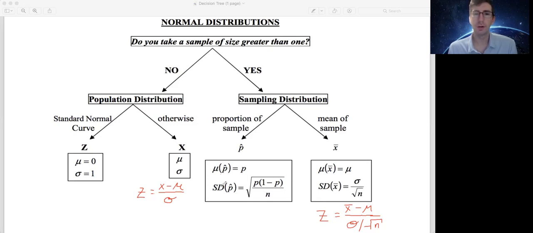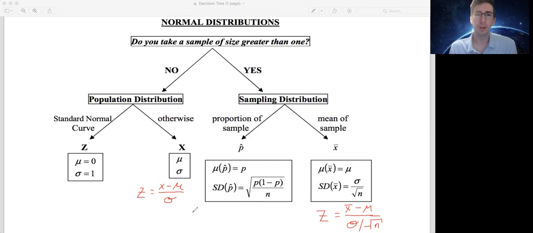And the standard deviation of all those sample proportions is equal to the square root of p, our population proportion, times 1 minus our population proportion, divided by n, and all of that is under a square root.